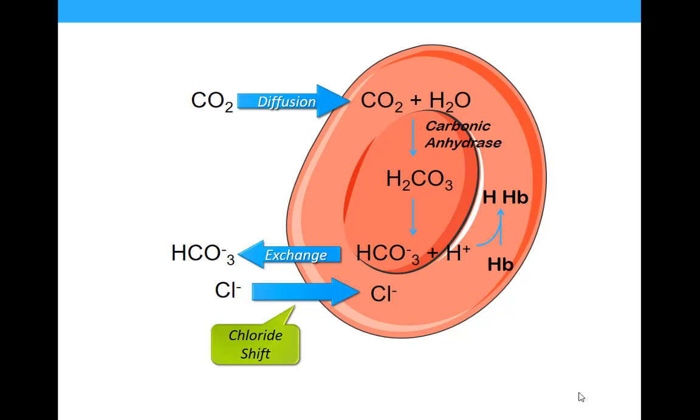So hemoglobin can bind to this H plus. Okay. The bicarbonate which is produced goes out of the RBCs in exchange for a chloride. This is called chloride shift. So chloride goes into the RBCs, bicarbonate comes out. If you see here now, what hemoglobin is doing, hemoglobin is binding to H plus, so it is sequestering the acid, plus red blood cell is producing bicarbonate.